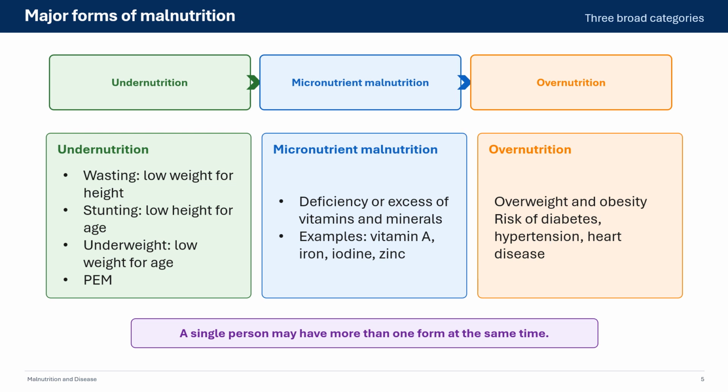It can also be as a result of deficiency or excess of vitamins and minerals. In this case, it is referred to as micronutrient malnutrition. There is also overnutrition, which occurs as a result of excessive intake of nutrients.